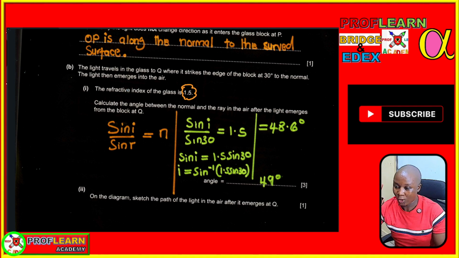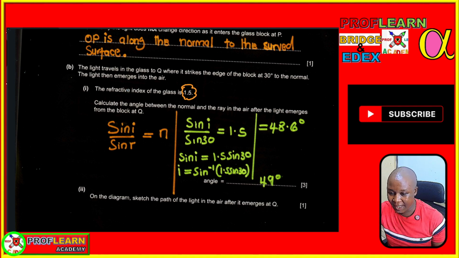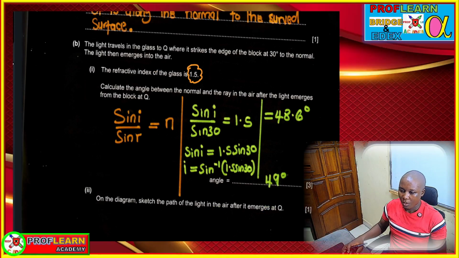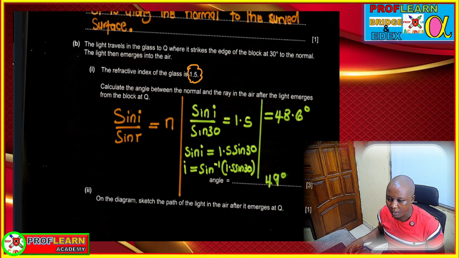We are going to consider r as the angle of refraction and i as the angle of incidence, and then we are going to substitute: sine i over sine 30 is equal to 1.5. Then we can make i the subject of the formula.